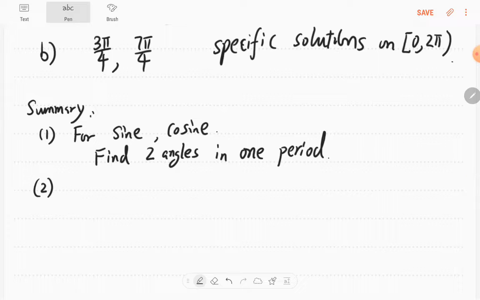Second, for tangent, and actually the same for the cotangent, we need to find one angle in the period.